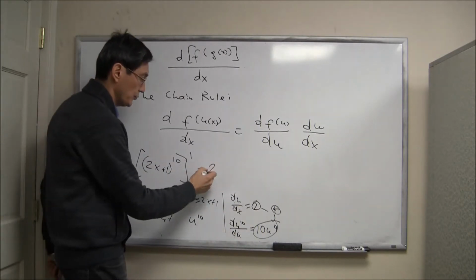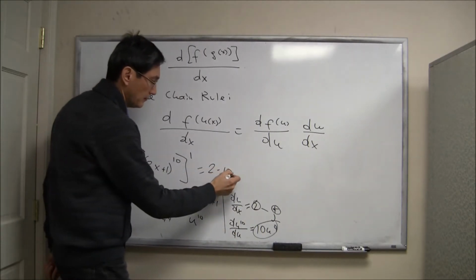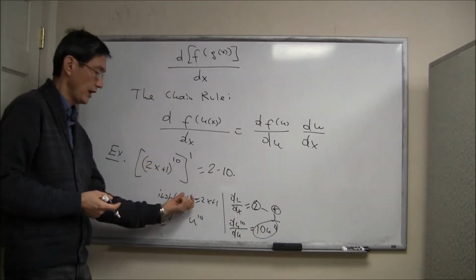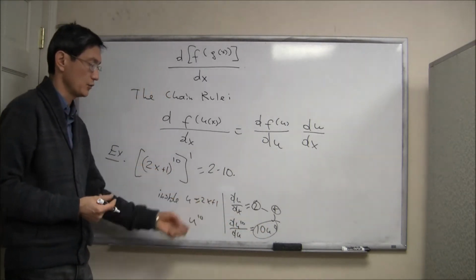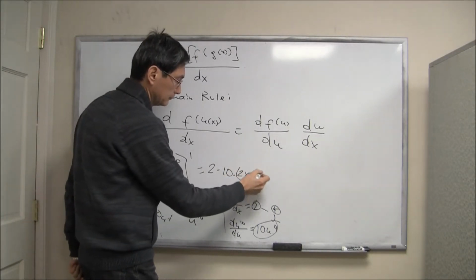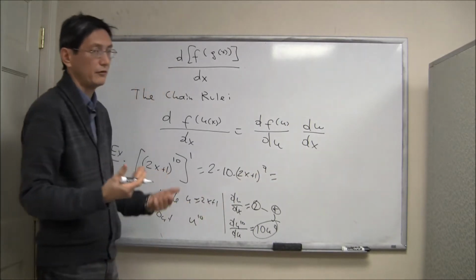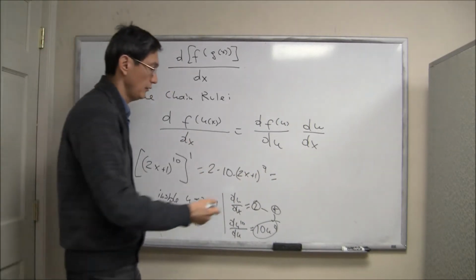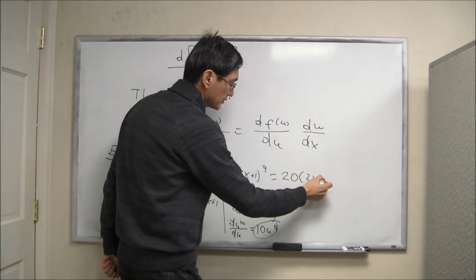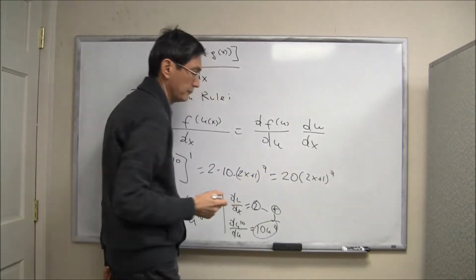So we're going to get 2 times 10, and instead of u, because our original function is in terms of x, we have to write down what u stands for, and u stands for 2x plus 1. Now we finish by multiplying 2 and 10, and the final answer is going to be 20 times 2x plus 1 to the 9.